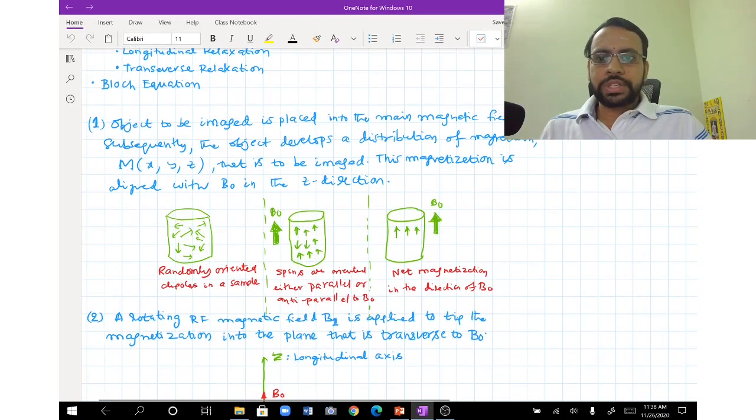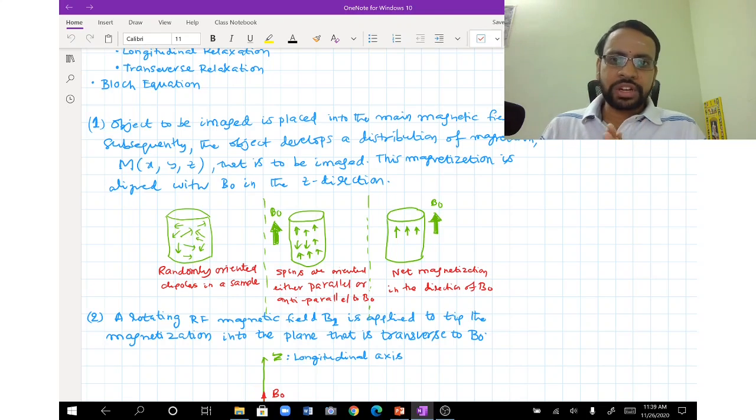Let me first recap a few important concepts that we discussed regarding applying the magnetic field B naught, the strong external magnetic field. For this purpose, consider a sample or a voxel that you would like to image.